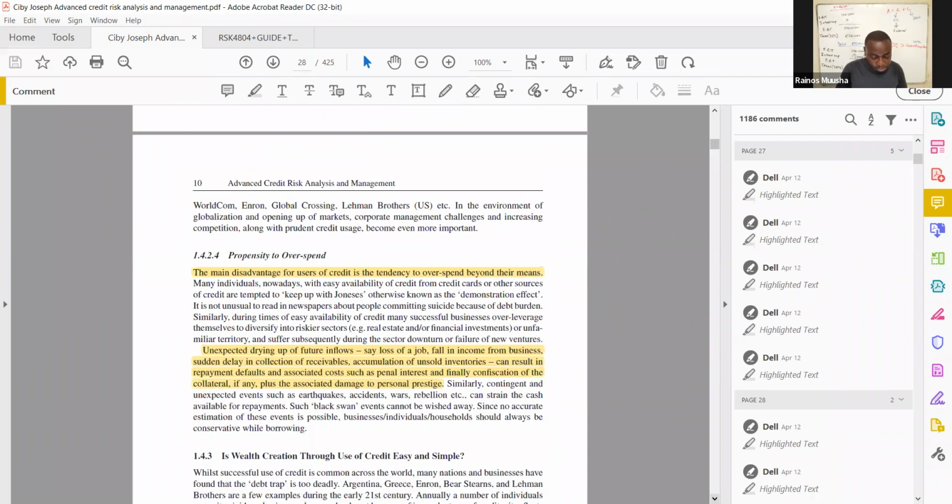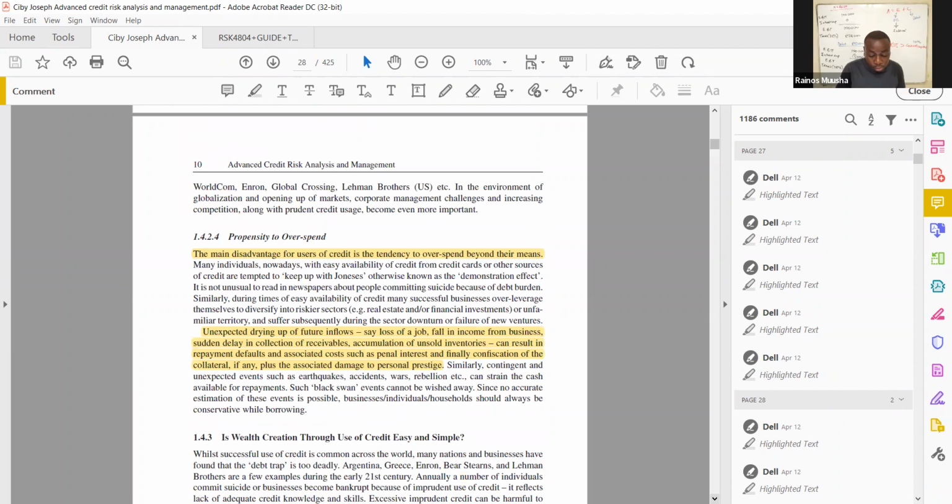The fourth one is propensity to overspend. And here they say the main disadvantage of users of credit is the tendency to overspend beyond their means.